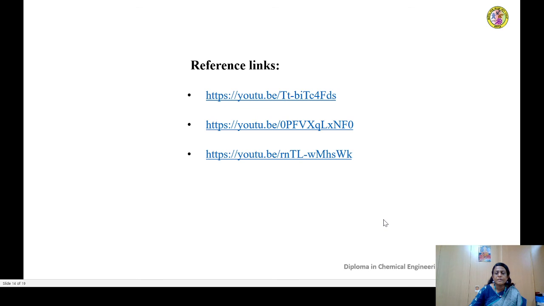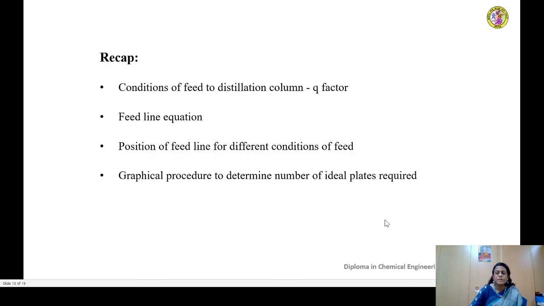So with that, let me conclude the present session. This is a recap of what we studied in today's class. We discussed the various conditions of feed to a distillation column, and we understood what a Q factor is and what its significance is in continuous distillation operation.